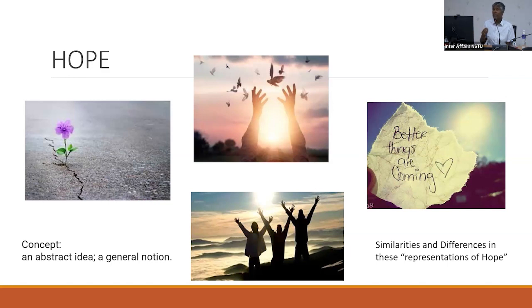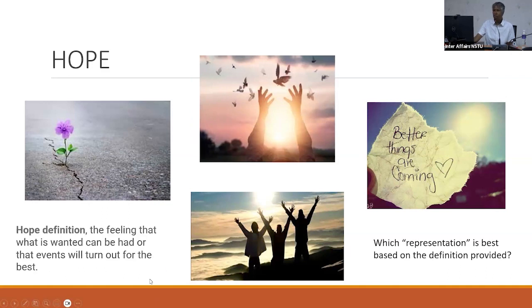That's why when we think about general concepts, we have to be very precise because they're abstract, and people think in very different ways about them. But what if we provided more of a definition? Here, we have a definition of hope: the feeling that what is wanted can be had, or that events will turn out for the best.